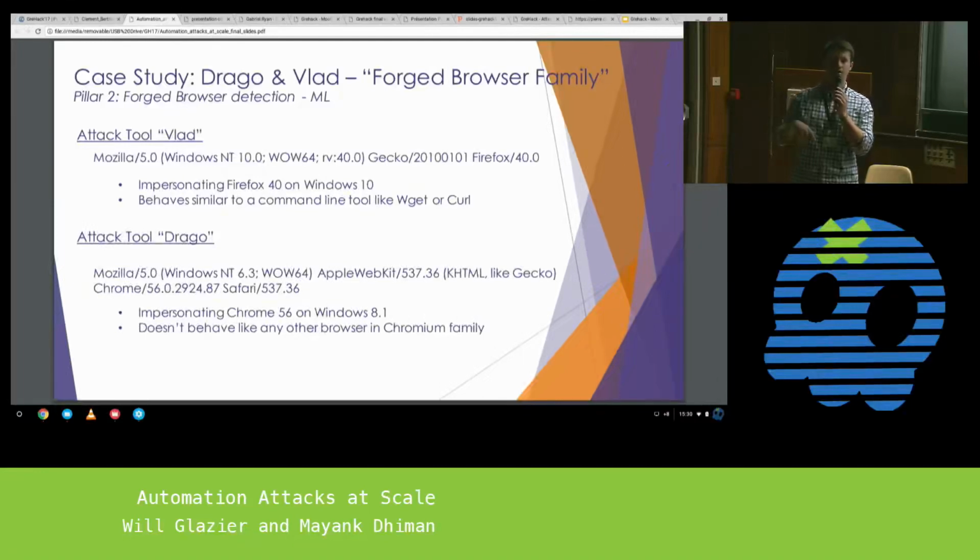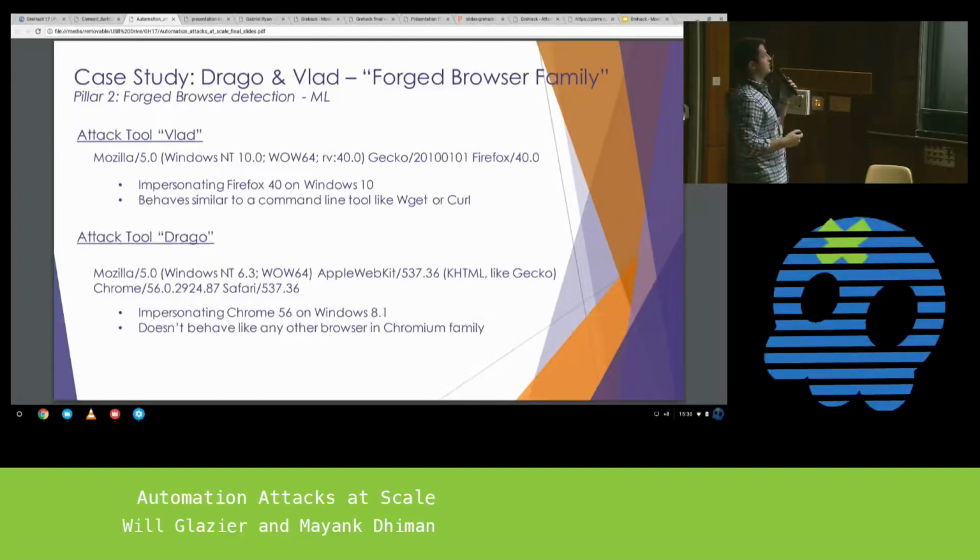If I see tools with the exact same request fingerprint rotating through user agent strings like Chrome 61, Firefox 55, Safari 10, that should raise a big red flag in your mind, because those three browser families don't behave very similarly.